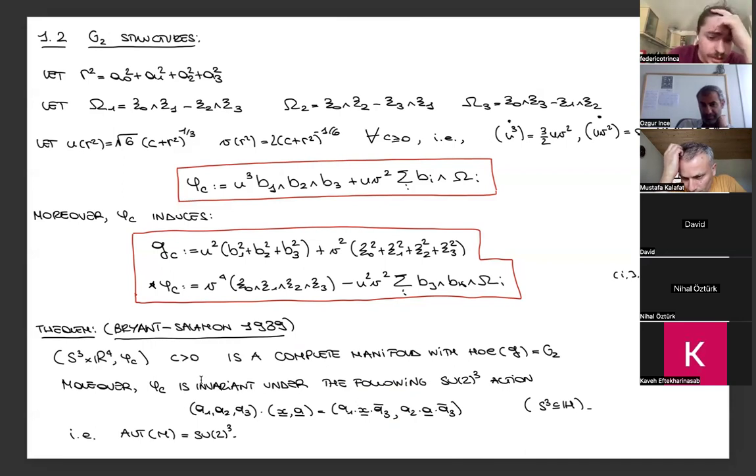So it means that Q1 acts on the first factor on the left, Q2 acts on the second factor on the left, and Q3 acts diagonally by the right. Here I'm identifying SU2 with Sp1, so with the unit quaternions.